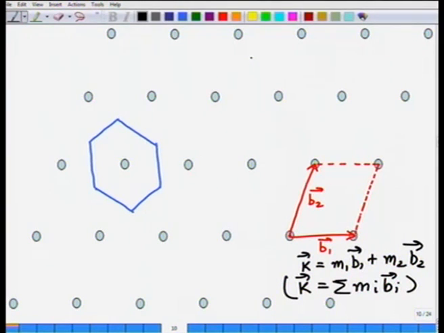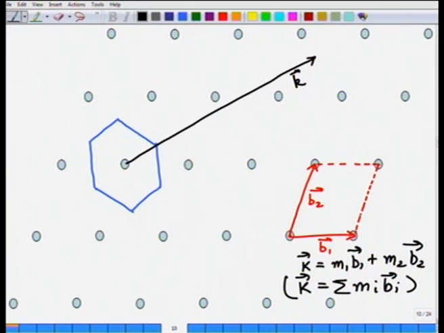Let us go somewhere here. Suppose this is my k vector. Suppose I choose a k vector which looks like this. This is my k vector.